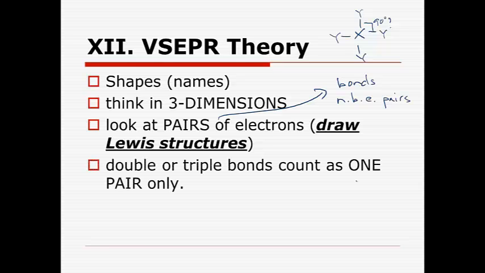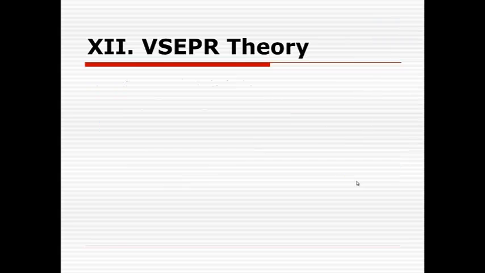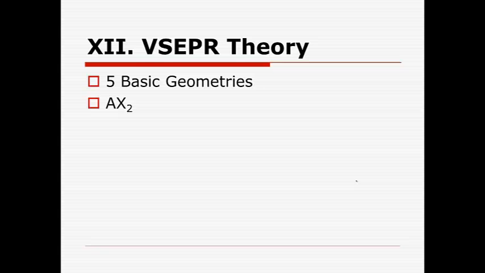Now, double bonds and triple bonds, even though they are 2 pairs and 3 pairs, only count as 1 single pair because they're all acting in the exact same direction. So, 5 basic geometries. Make sure you remember the names for them. AX2: A, X, and X. You've got 2 pairs.